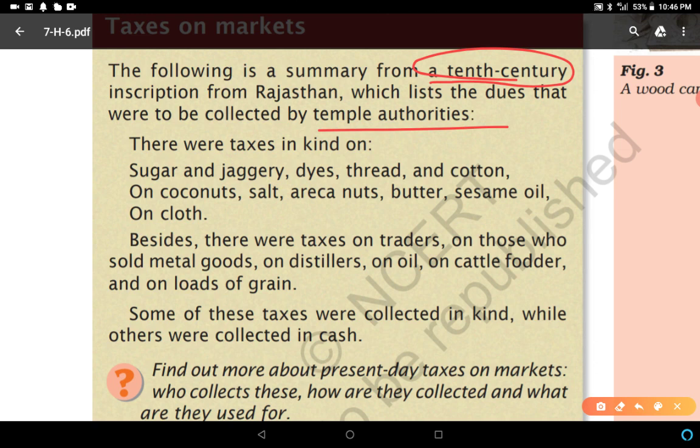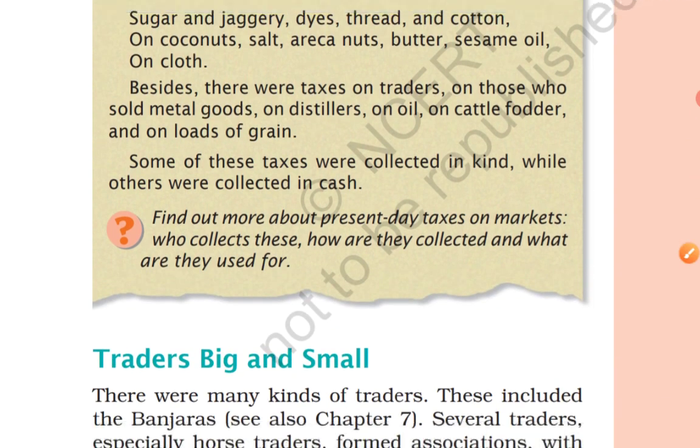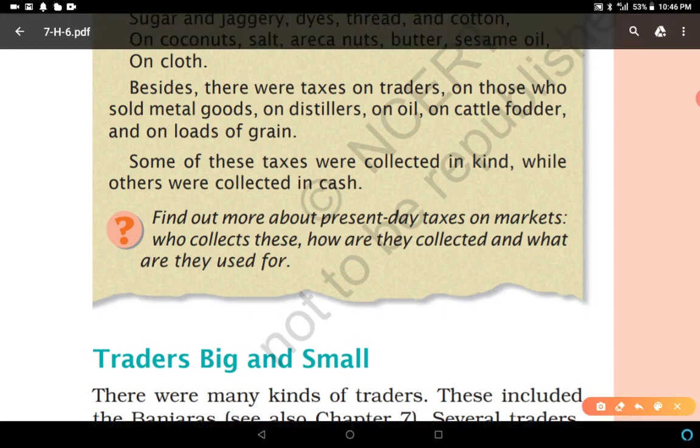So there were taxes in kind on sugar and jaggery, dyes, thread, cotton, coconut, salt, areca nuts, butter, sesame, and after that on cloth. Besides, there were taxes on traders, on those who sold metal goods, distillers, on oil, on cattle fodder, and on loads of grain. Some of these taxes were collected in kind, while others were collected in cash.